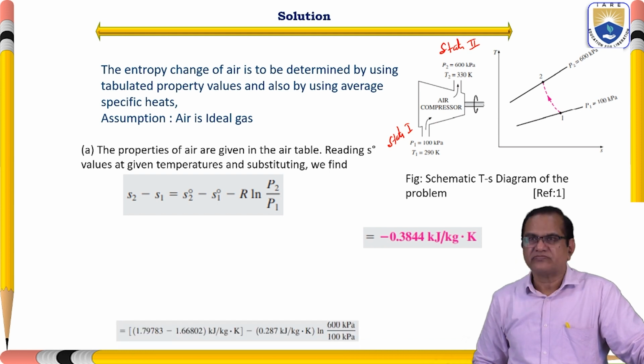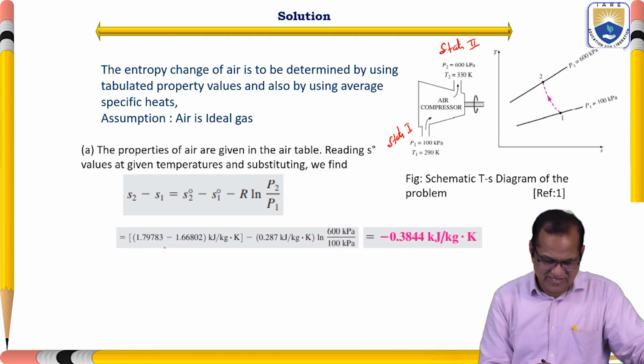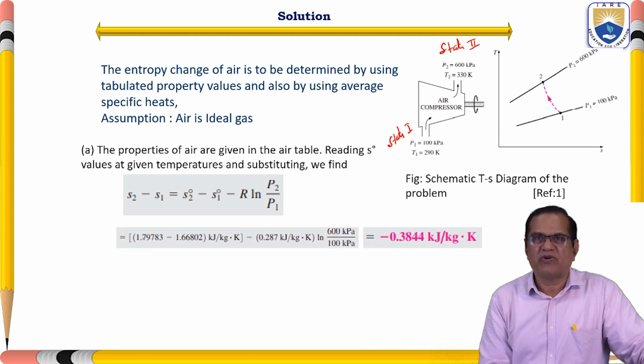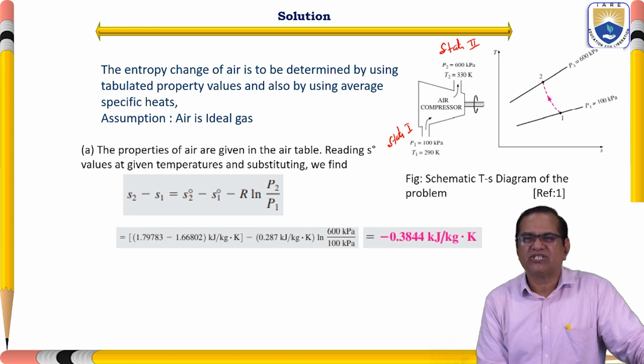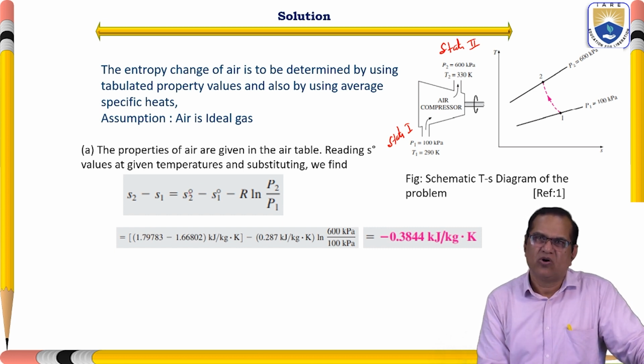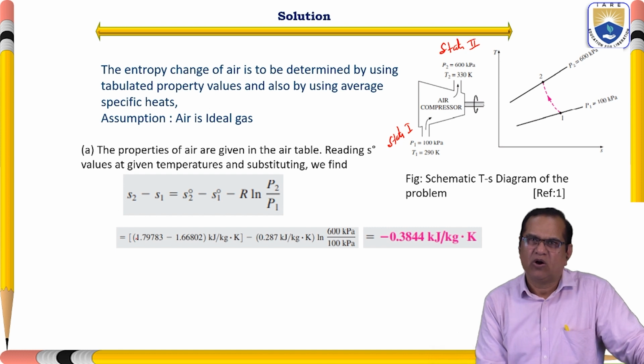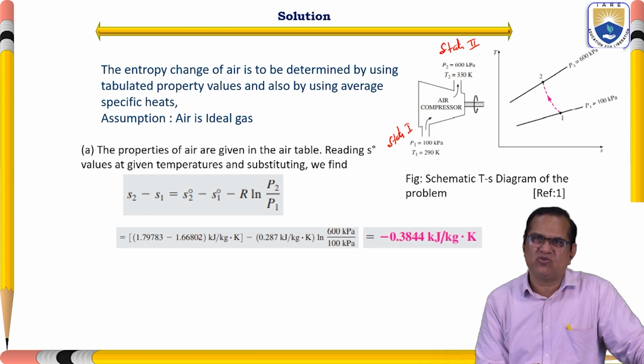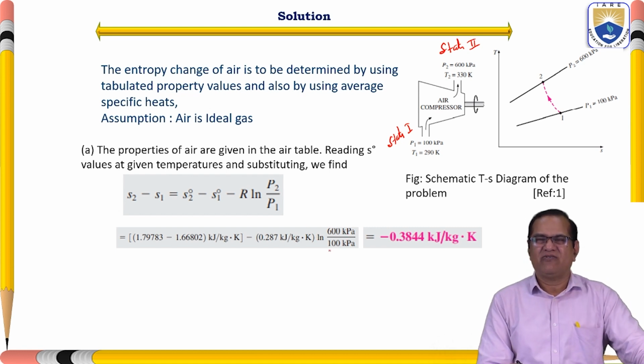From the table, s2 naught is 1.79783 and s1 naught is 1.66802, minus R, which is 0.287 kilojoule per kg Kelvin, times ln of 600 kilopascal divided by 100.